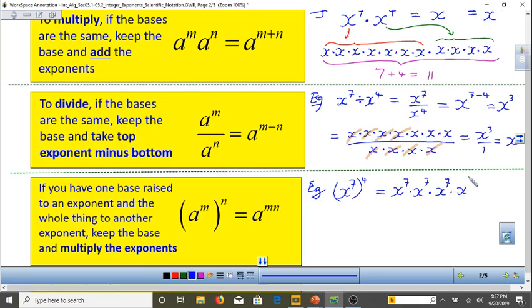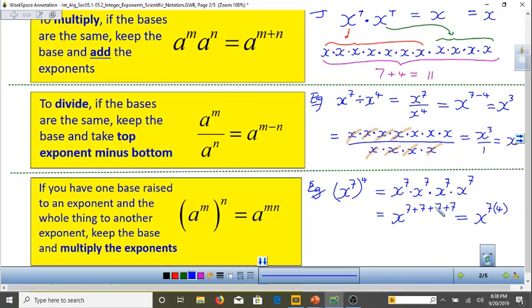times x to the 7, which means all the bases are the same, so I'm just going to add the exponents to themselves. 7 plus 7 plus 7 plus 7. But when you add a number to itself repeatedly, that is the same as multiplying it by the number of times.